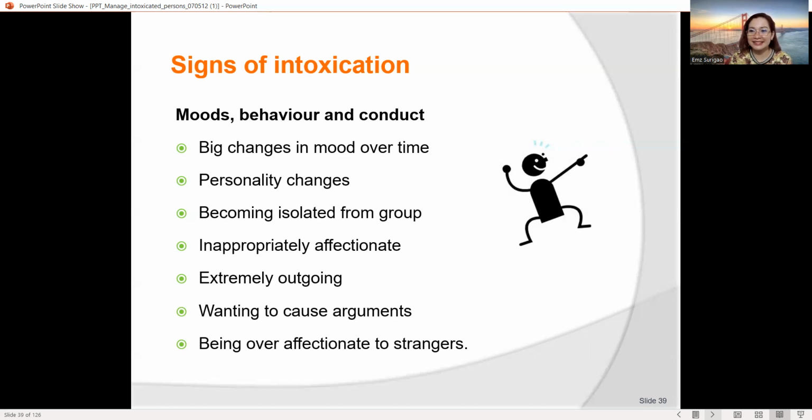Extremely outgoing. I have a friend who cries while he is drunk. Some want to cause arguments: if someone is talking to them and the conversation is not going well, they end up arguing with each other. Being over affectionate to strangers.